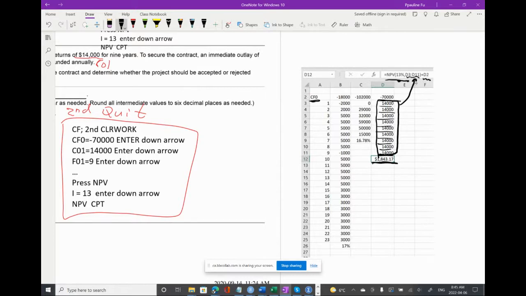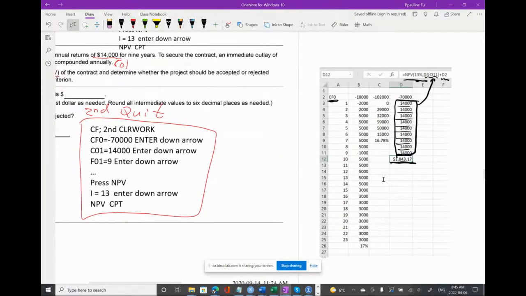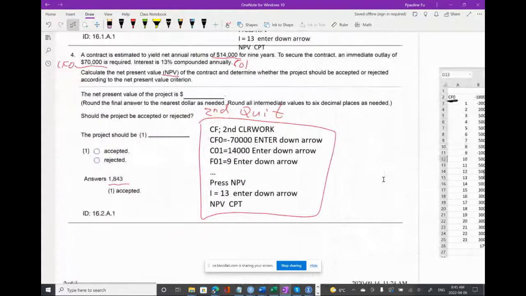And then plus CF0 in D2. This is the formula. And you will get $1,843. Okay, so this is the Excel method.